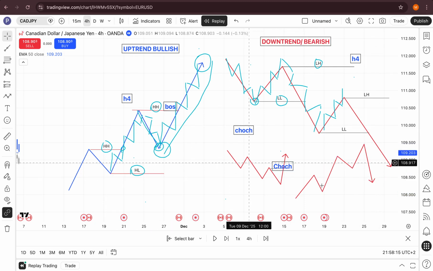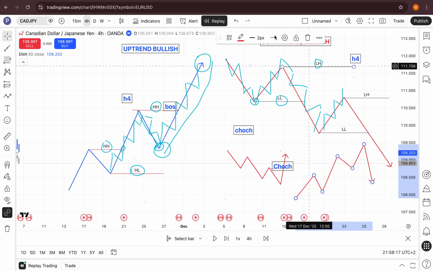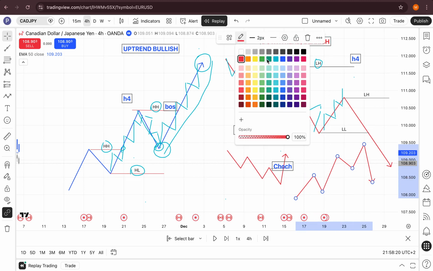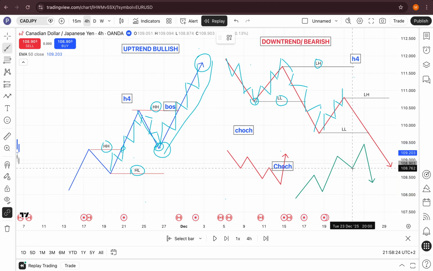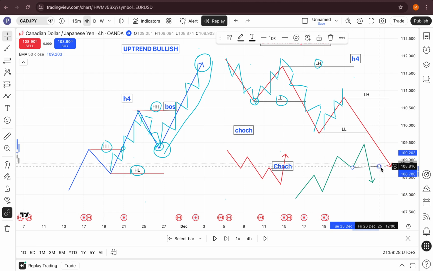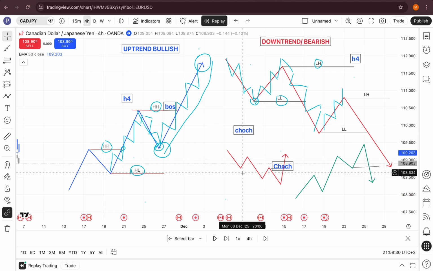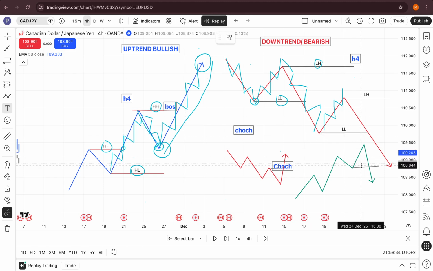That break of the previous higher low is a change of character. We are now changing from an uptrend to a downtrend, and that is what a change of character means.